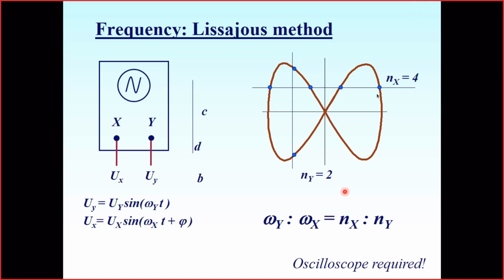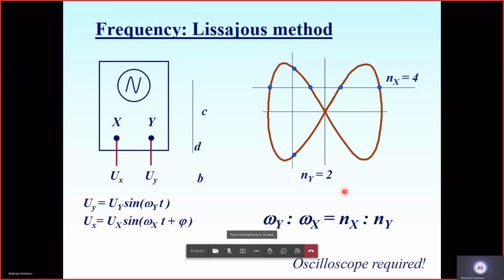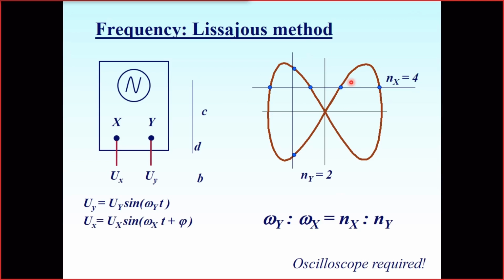So actually, the convenient numbers are when one frequency is 2 times higher or smaller than another, or the ratio between frequencies is equal to 2 to 3 or 3 to 2. It's very seldom that someone takes some other ratio, like 3 to 4 or 7 to 8. The resulting figure is very difficult to count, to understand which ratio it corresponds to.